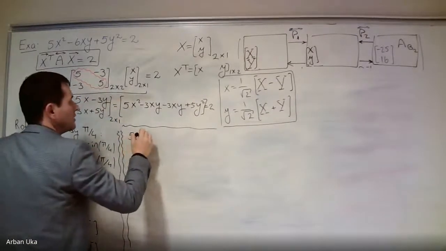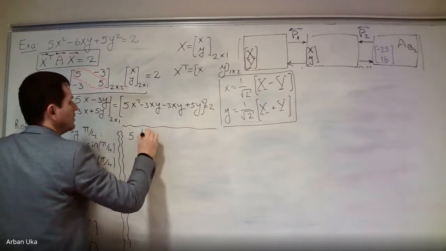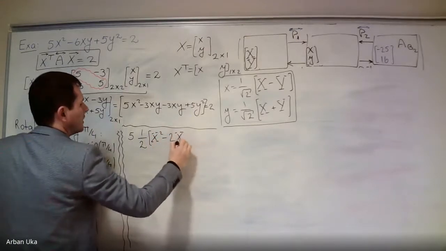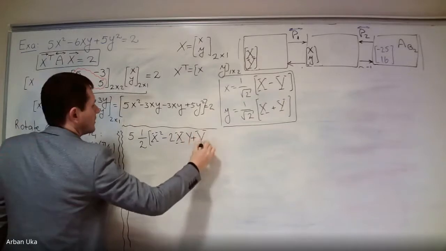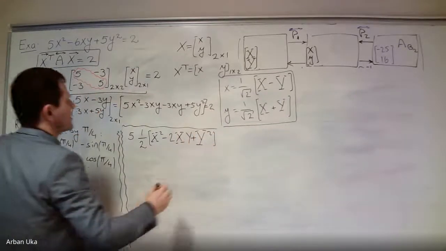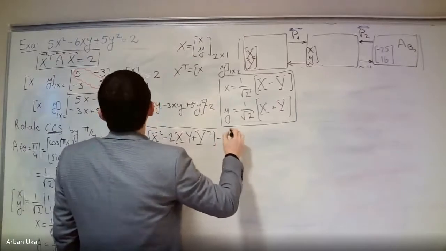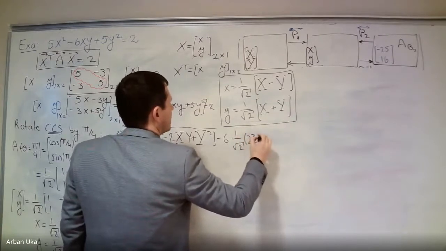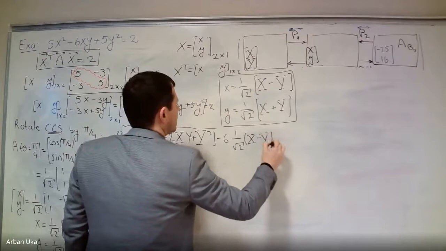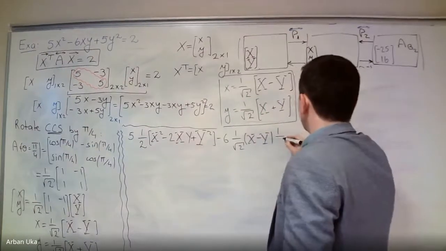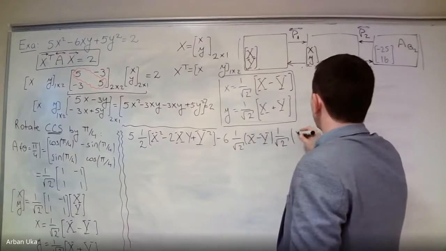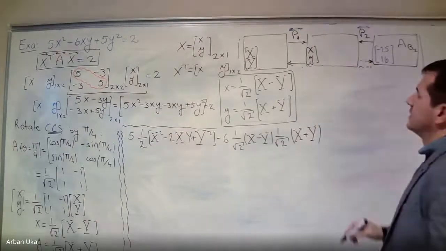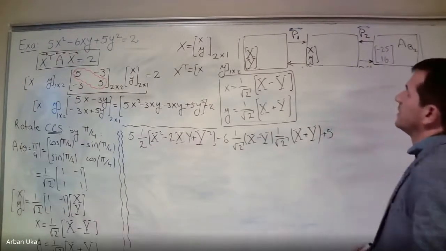The 5x squared would be 5 times 1 over 2 times x squared minus 2xy plus y squared, minus 6 times the little x, 1 over square root 2 times x minus y, times 1 over square root of 2 times capital X plus capital Y, and plus 5y squared.